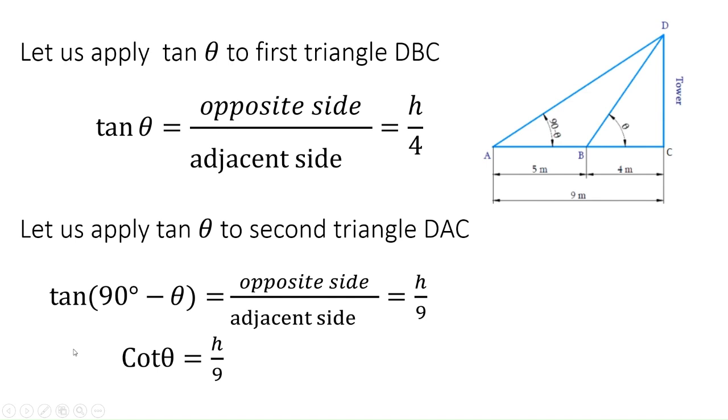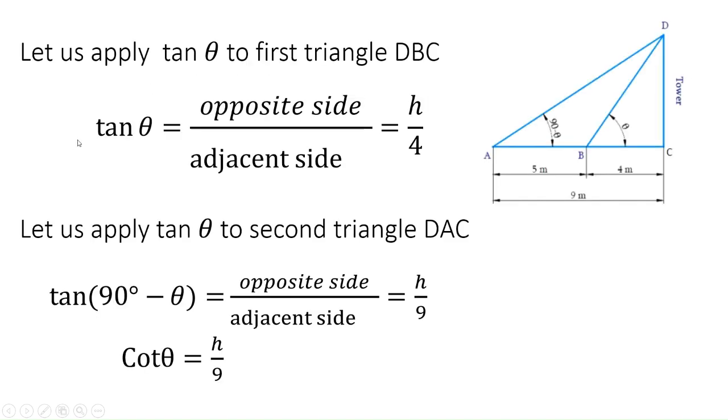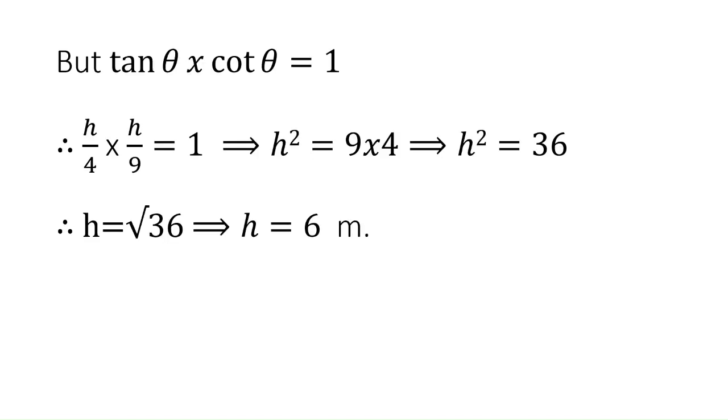We know one more identity. What is that? Tan theta into cot theta is equal to 1. One more simple trigonometric identity. So here tan theta is equal to h by 4, when calculated using the first angle of elevation theta at point B, and cot theta is equal to h by 9, calculated using the second angle of elevation at point A. So tan theta into cot theta, that is h by 4 into h by 9, is equal to 1.